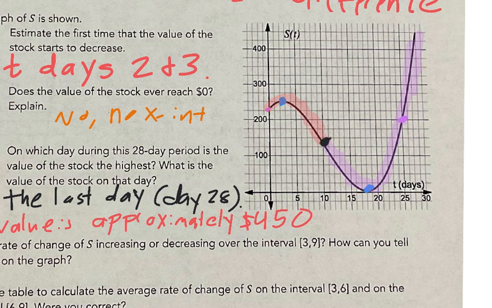There's one more point that's important on here that we didn't talk about, and that is the end point. The maximum. So, how many maximums do we have? One. Okay, but then there's also that peak. Would you call that peak a max?